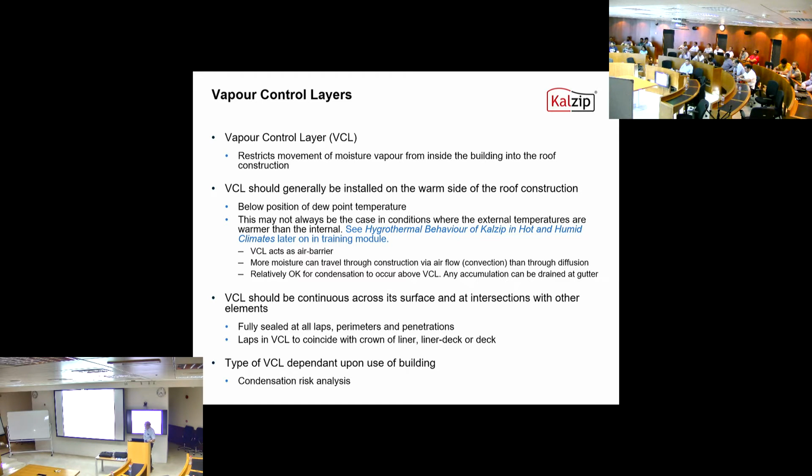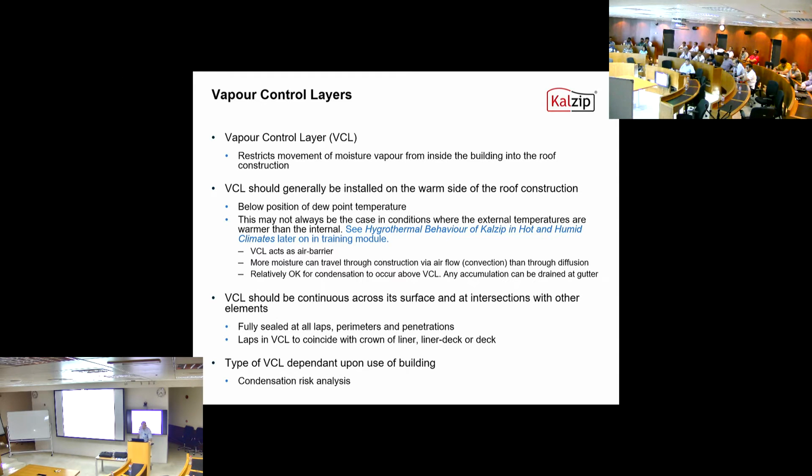The VCL acts as an air barrier. More moisture can travel through construction via airflow, convection, than through diffusion. And it's relatively okay for construction to occur above the VCL, as any accumulation of moisture can usually discharge into the gutter.